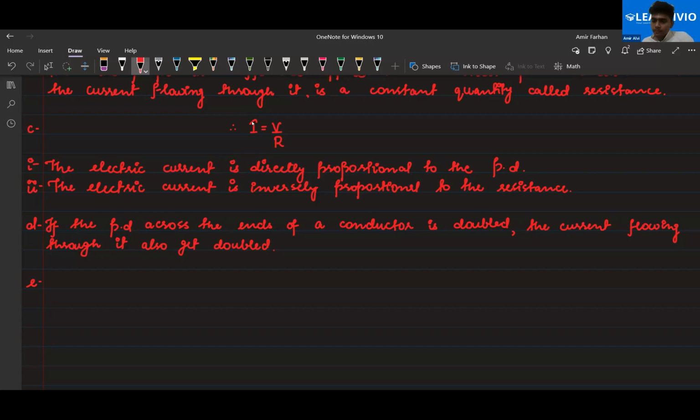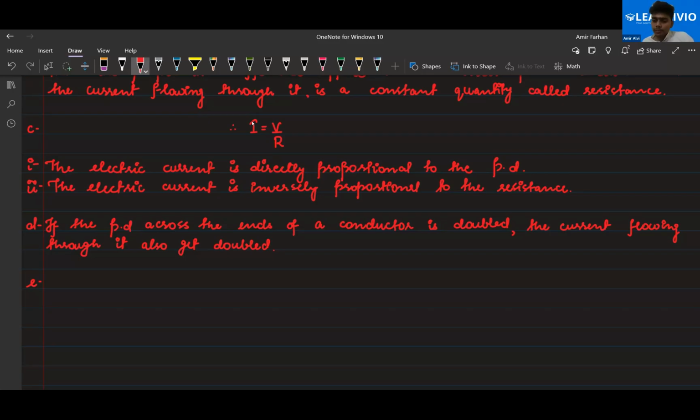If you decrease the resistance by half... I think it will increase 2 times. Okay, Aisha said 2 times.